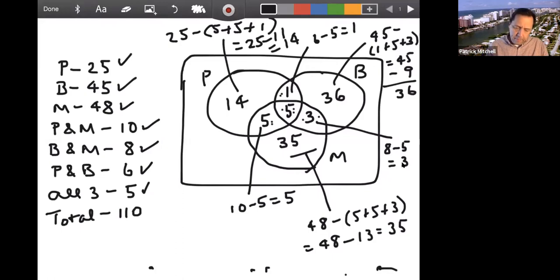So let's see. 14 plus 1 is 15, plus 5 is 20, plus 5 is 25, plus 3 is 28, 28 plus 36 is 64, 64 plus 35 is 99. So I believe this number should be 110 minus 99, which is 11.